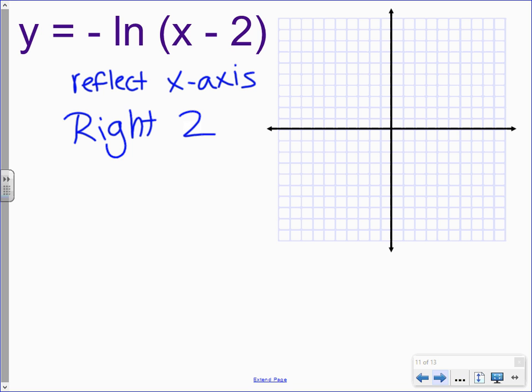Okay? So from the coordinates that we had on the previous slide, we would reflect them about the x-axis and then move them right 2. So this would go up, right.